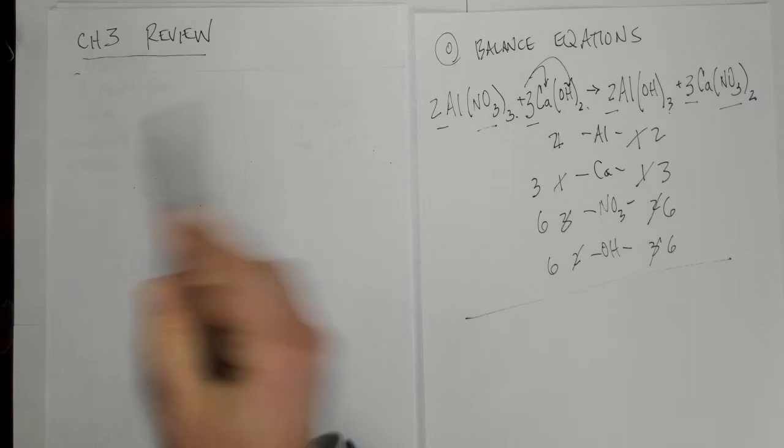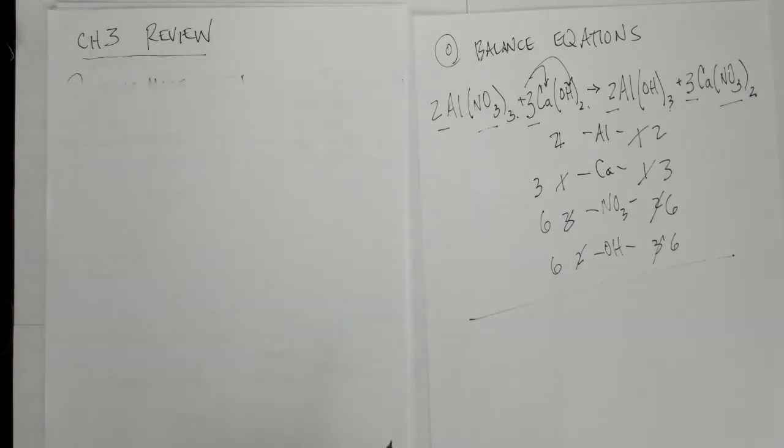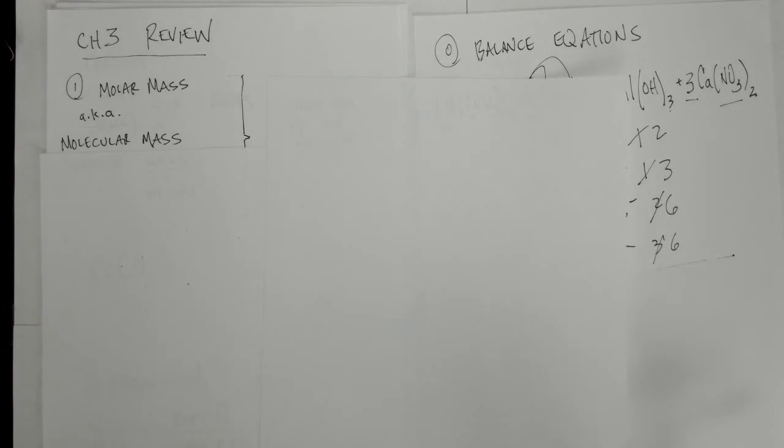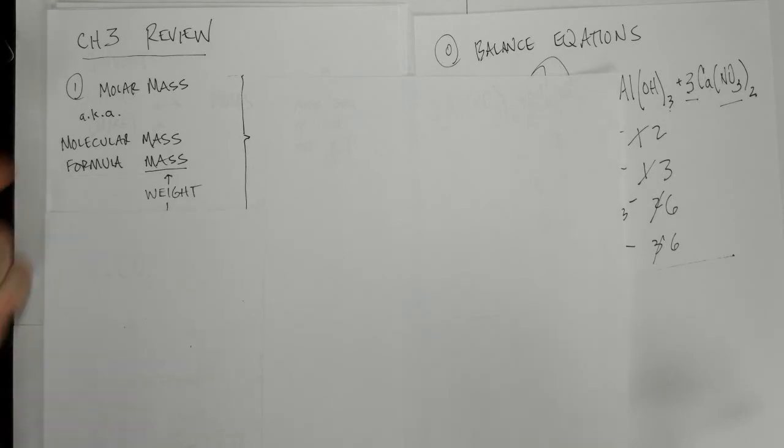Number 1, this was number 0 of review things, is something called molar mass. Molar mass has 6 different names that mean the same thing. They are also known as molecular mass, also known as formula mass, and you can replace the word mass with weight. Then molar weight, molecular weight, or formula weight all mean the same thing.